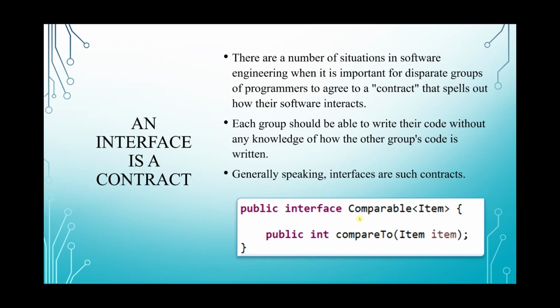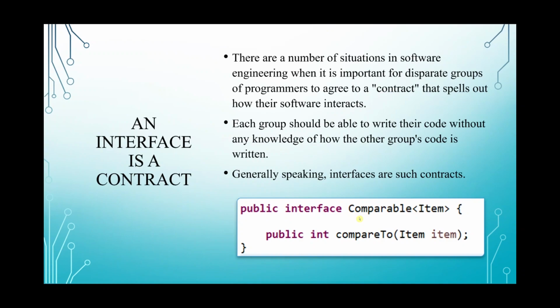For example, in a number of situations in a software engineering environment, it's important for disparate groups of programmers to agree to a contract. Like in Amazon and Microsoft, you have more than one team, and every team is working on a specific thing, but they all serve one purpose: creating the software for you.